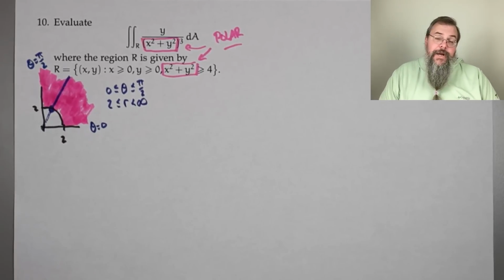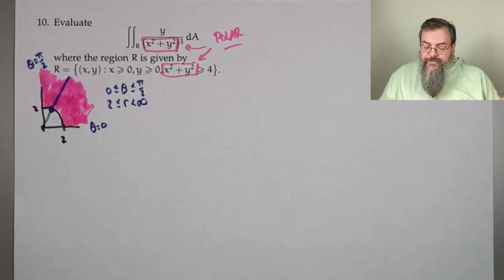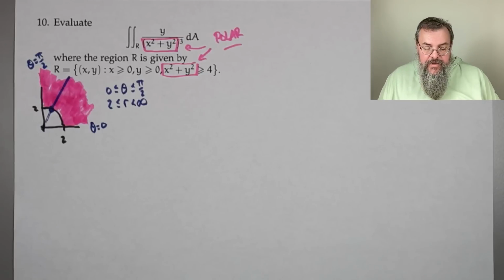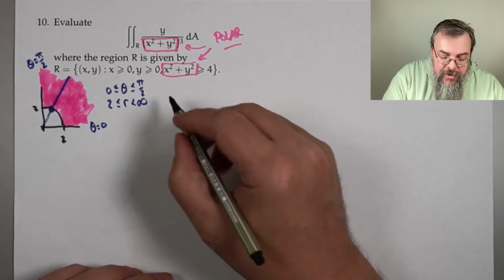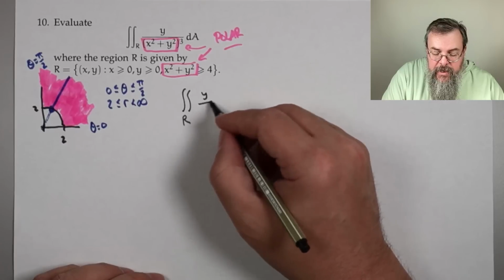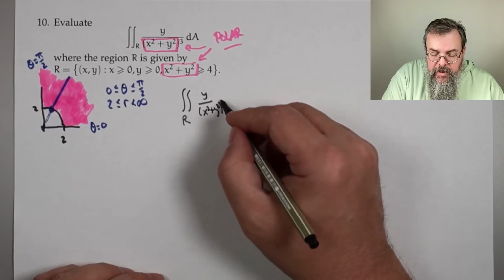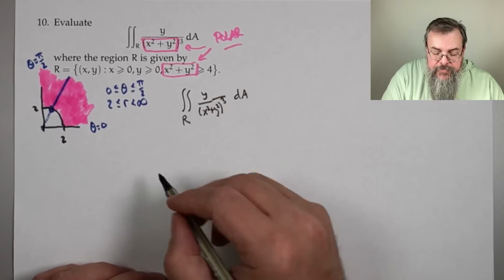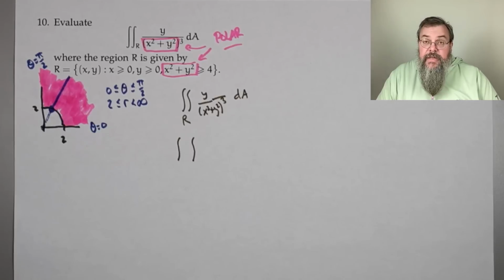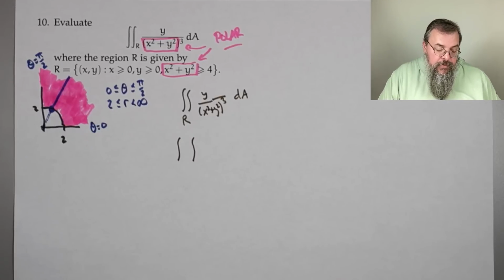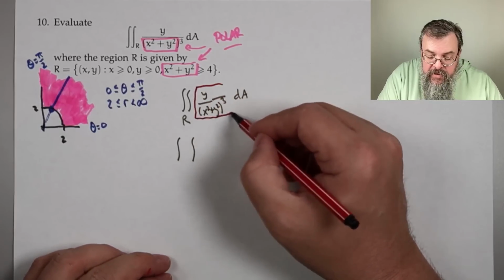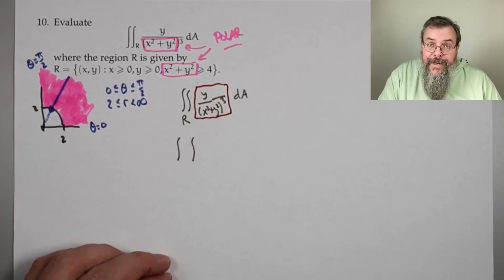All right, well, that's actually not a bad integral when it comes to polar coordinates. So let's look at our integral. We're trying to find the integral over our region of y times (x squared plus y squared) cubed dA. Let's do it piece by piece. First off, we have our function. Well, we just write everything in terms of polar.